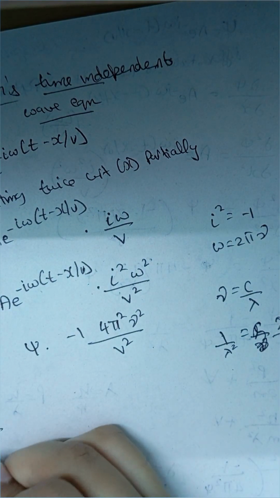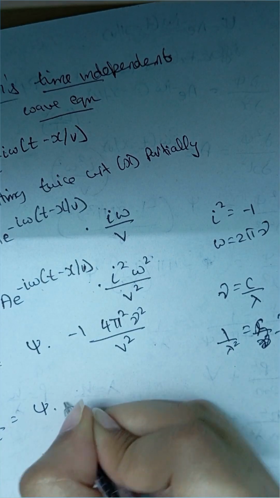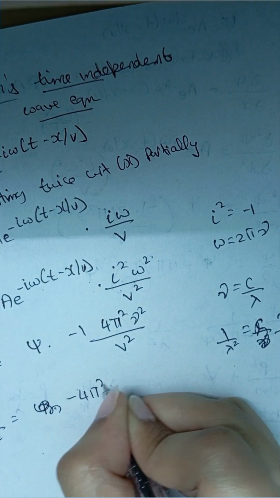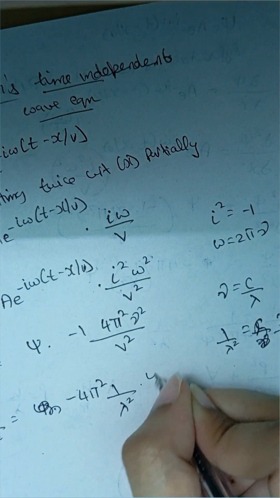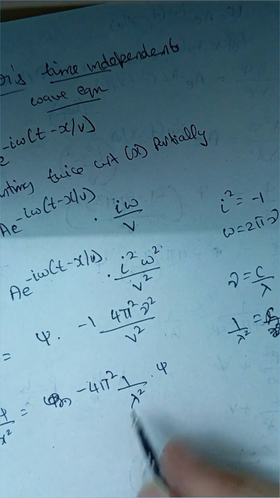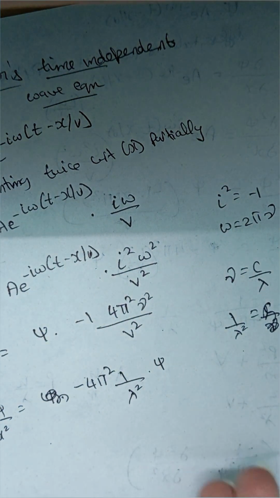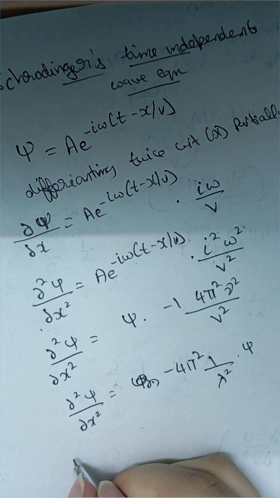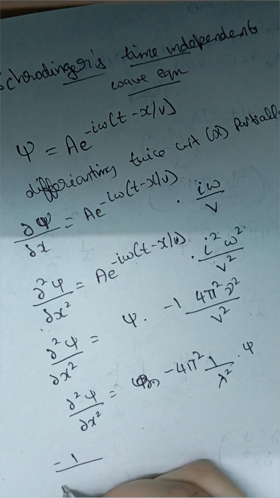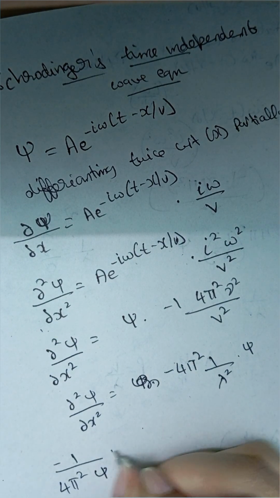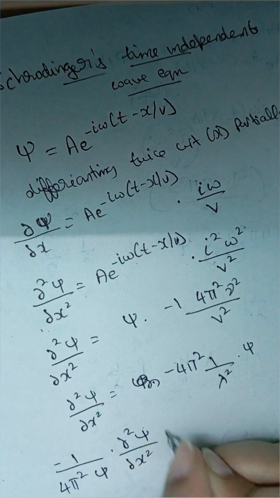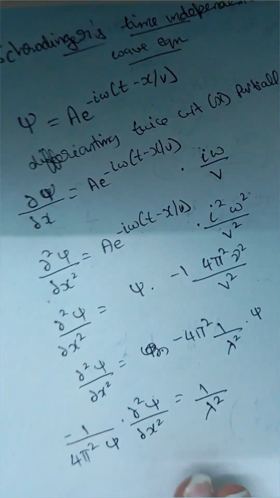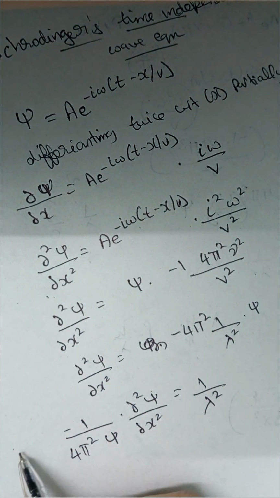So dou square psi by dou x square equals psi into minus 4 pi square 1 by lambda square into psi. Same thing. Now I'll keep 1 by lambda square here and bring the rest of them this side. So 1 by lambda square equals minus 1 by 4 pi square psi into dou square psi by dou x square. This is an important part which you have to keep. I'll just mark it.